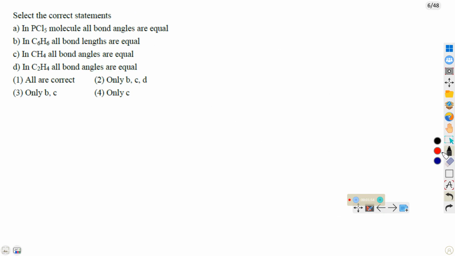Select the correct statements. In PCl5 molecule, all bond angles are equal. This is a wrong statement. PCl5 geometry is trigonal bipyramidal, and 90 degrees and 120 degrees bond angles are there.